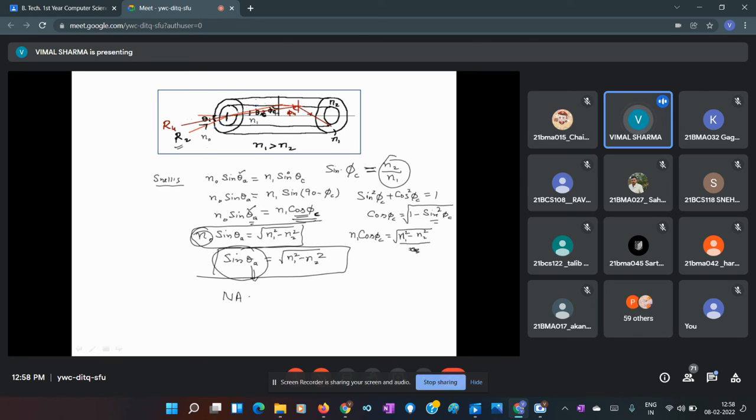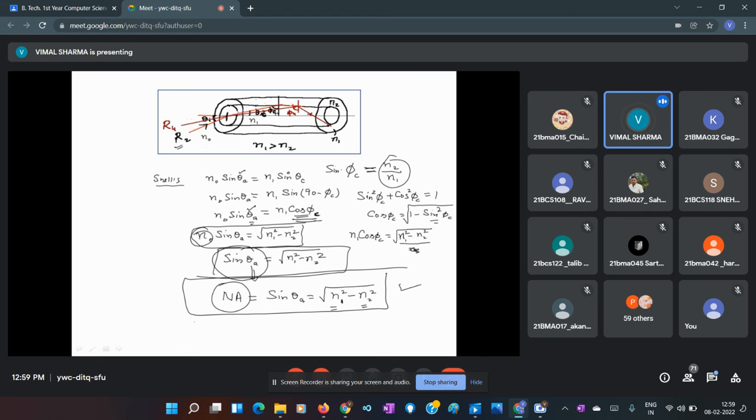This is numerical aperture, which physically means the light gathering ability of the optical fiber. So from this we can conclude that the light gathering ability of the optical fiber is independent of the dimensions of the optical fiber. You can see in this formula, no dimensions are involved. It is only a combination of the refractive indices n1 and n2, core and cladding: n1 square minus n2 square whole under root.